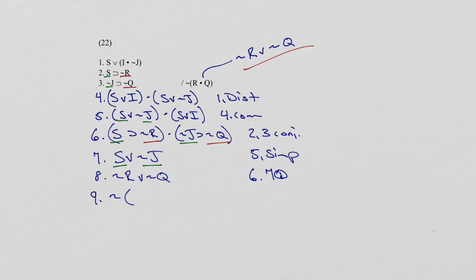And then we'll just use De Morgan, take the negation out, change it to a dot, and we're good.